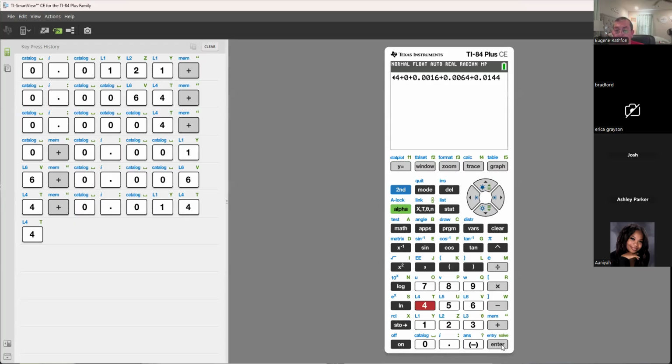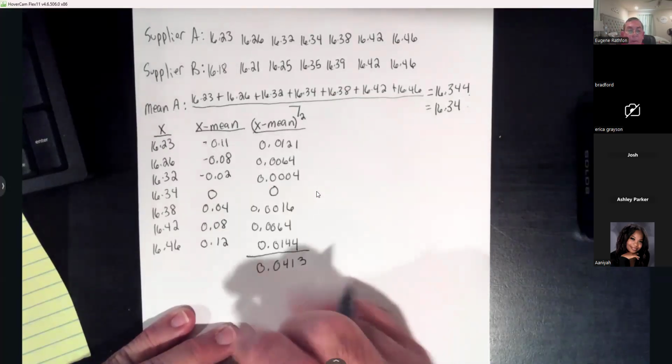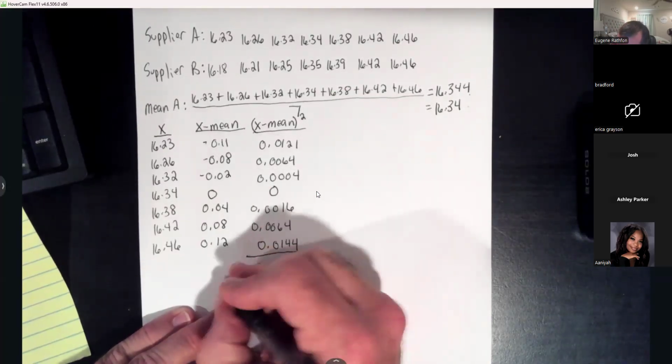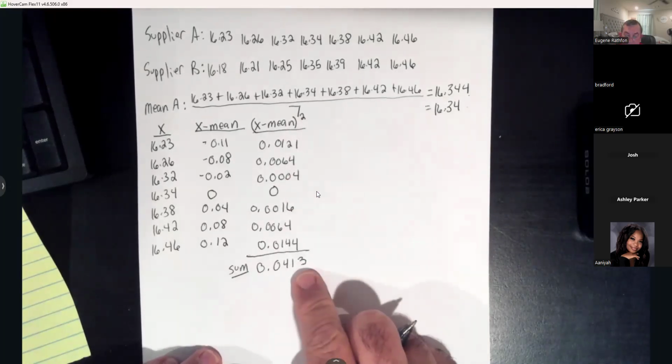All right, we hit enter. And that gives me 0.0413. All right, so we squared them, added all of them together to get this sum here. So this is the sum of all of these added together.